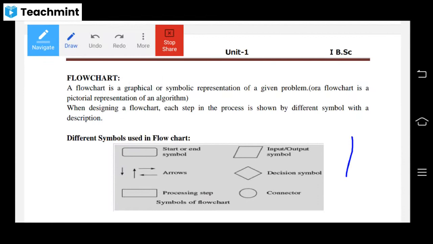In an algorithm, we write line by line what we want to do and present it in written form. But in flowcharts, a flowchart is a graphical or symbolic representation of a given problem. Here some symbols are used in the flowchart. See here, what are the symbols we are using?